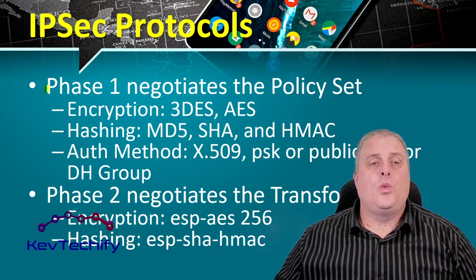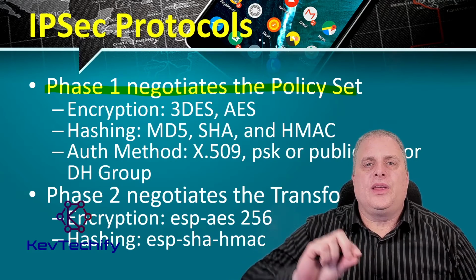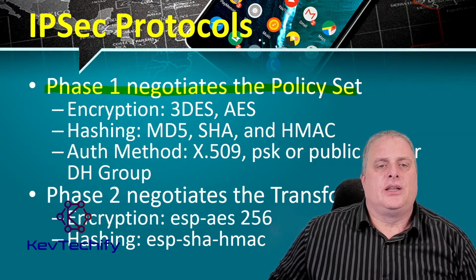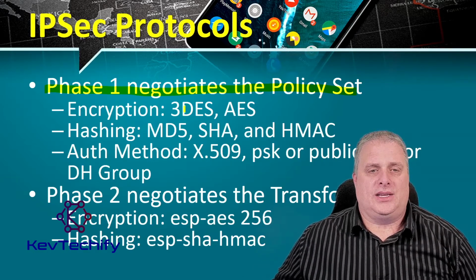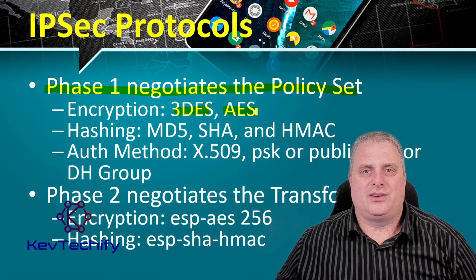In phase 1, what is negotiated is the IKE policy set. There we lay out the encryption that's going to be used, let's say triple DES or AES, so 3 times the Data Encryption Standard or Advanced Encryption Standard.